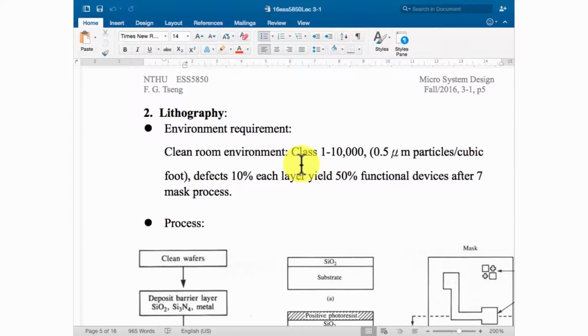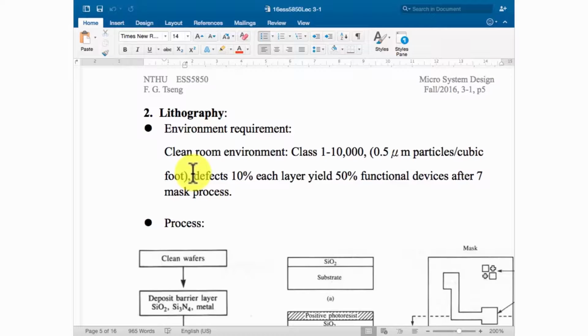For example, if we have a class 100 clean room, that means we can find fewer than 100 particles of size more than 0.5 micrometer in a cubic foot.